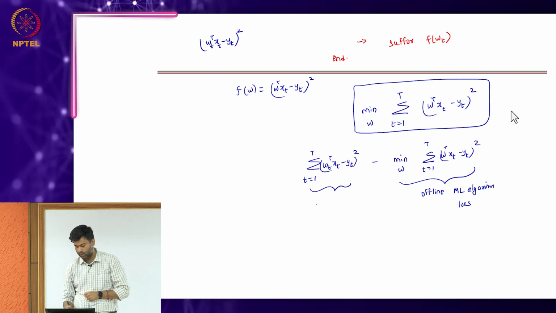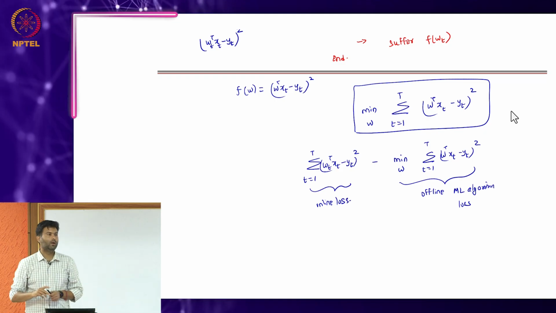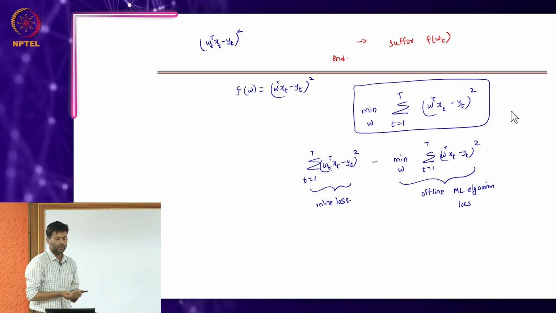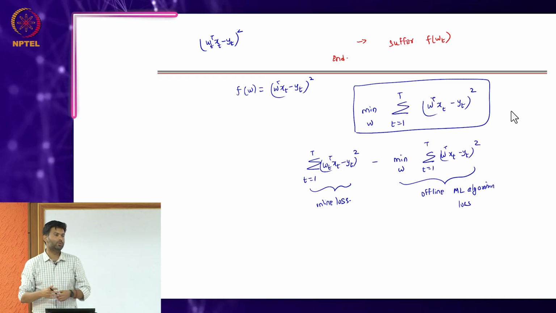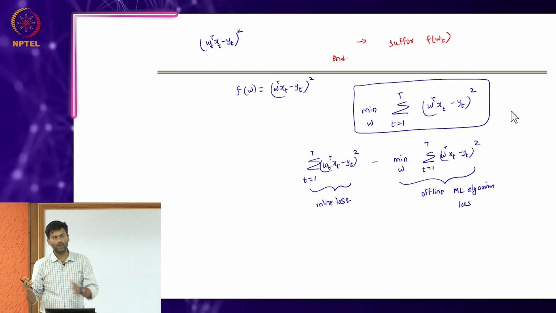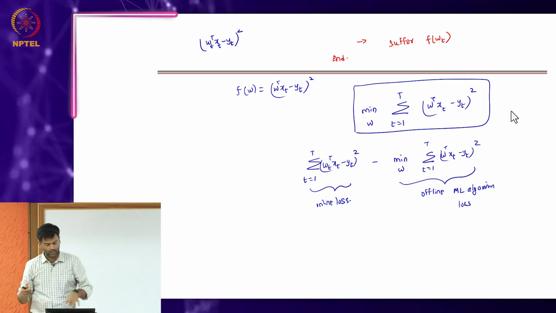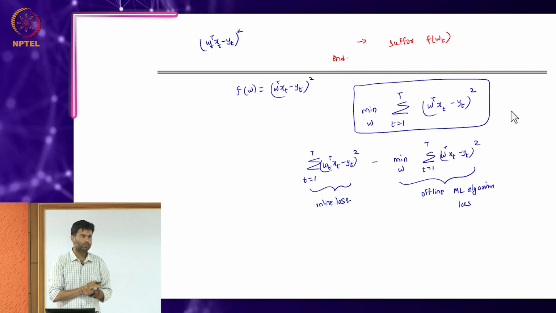This is the online loss. And now we ask the question, well, can I be as competitive as the offline algorithm, right? Do I need to see all data at once to minimize the loss to a certain extent, or can I do this in an online fashion and be competitive in the regret sense, right? So that would be the machine learning connection.